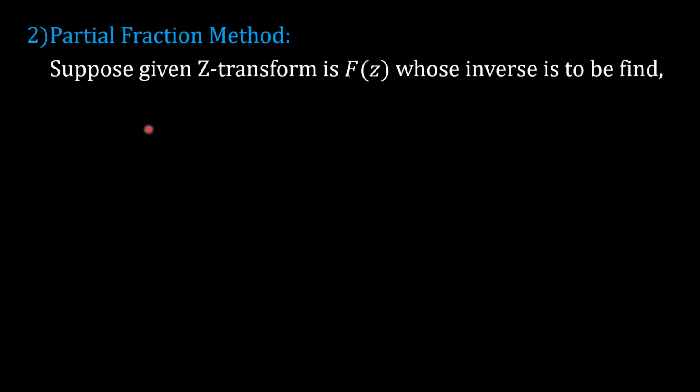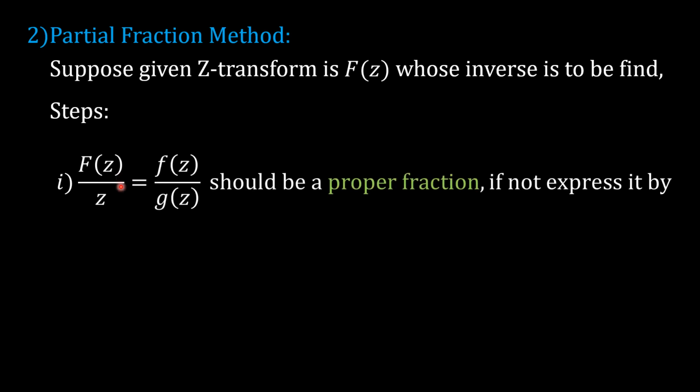Partial fraction method. Suppose the given Z transform is F of z, whose inverse Z transform is to be found. Then the steps to be followed: in the first step, whatever F of z is given, we express it as F of z upon z, and the remaining terms as f of z divided by g of z. This f of z upon g of z should be a proper fraction.